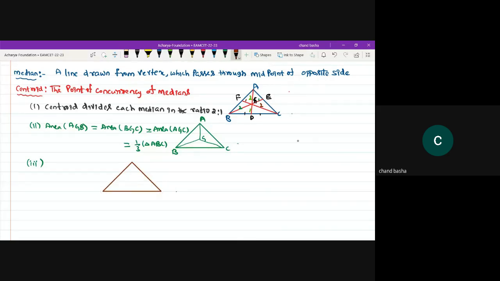If I take the triangle ABC, which will be given to you, next this is DEF.